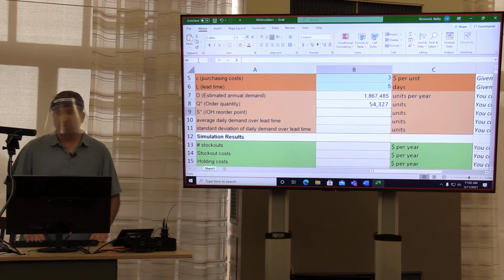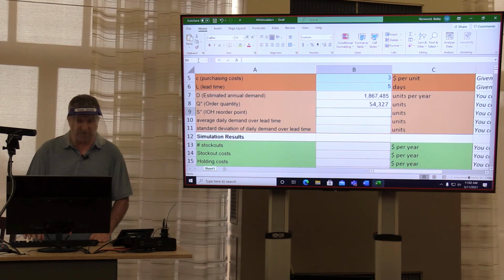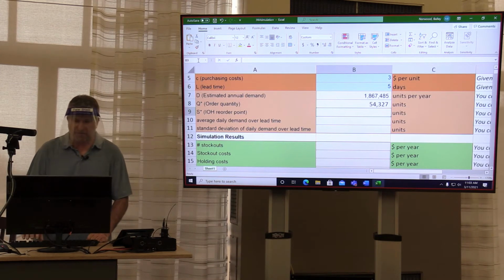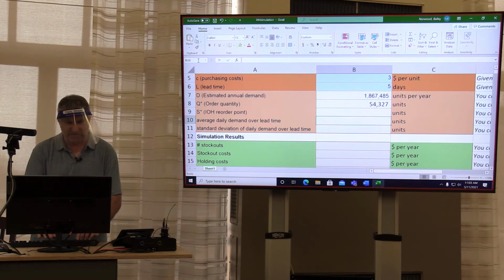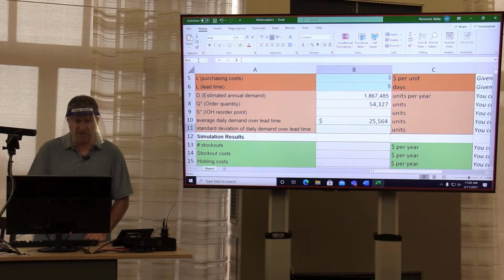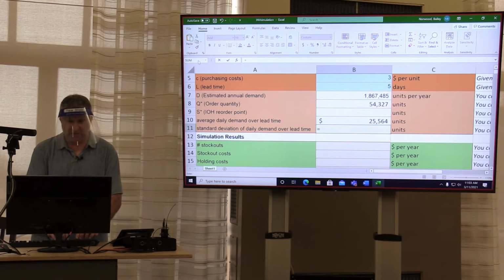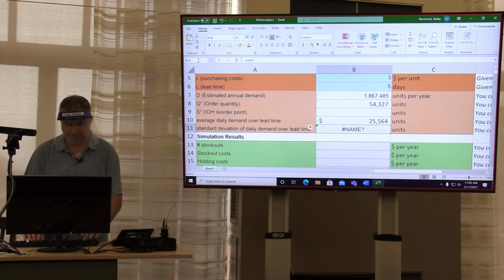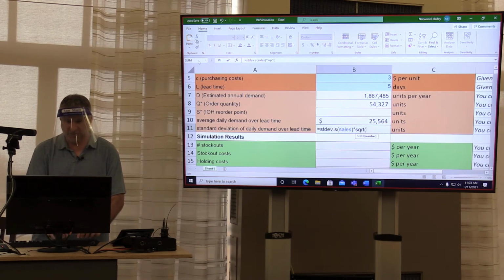We need this reorder point, doing it just like we did in that example at the beginning of class. To do that, we need average daily demand over lead time and standard deviation of demand over lead time. And we know average demand over lead time is average sales times lead time. And then standard deviation of demand over lead time is the standard deviation of sales times square root of lead time.